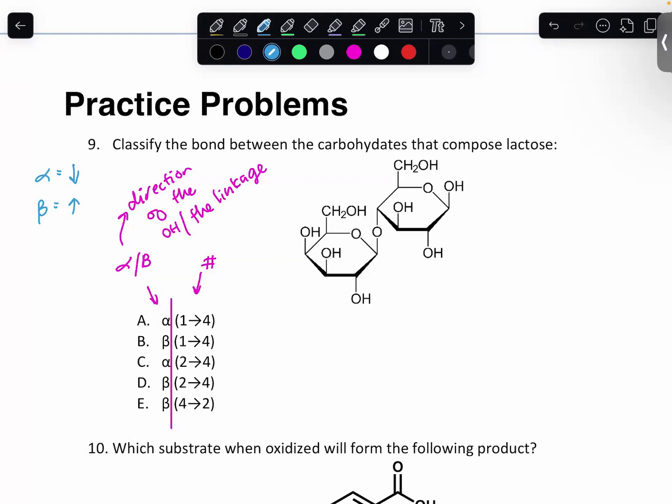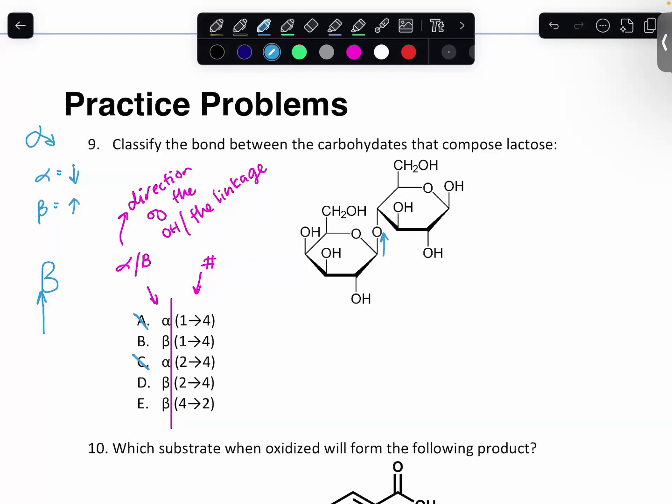I don't know about you guys, but when I draw a beta, I draw it upways, so it's like an arrow. And that can help remember. You can also draw your alpha signs down. So is this an alpha or a beta linkage? Beta. So we can knock out all of our alpha answers.